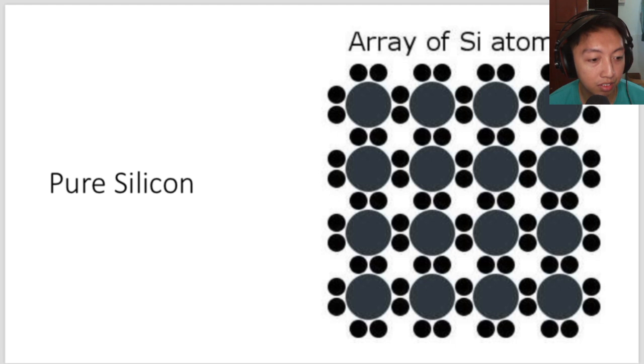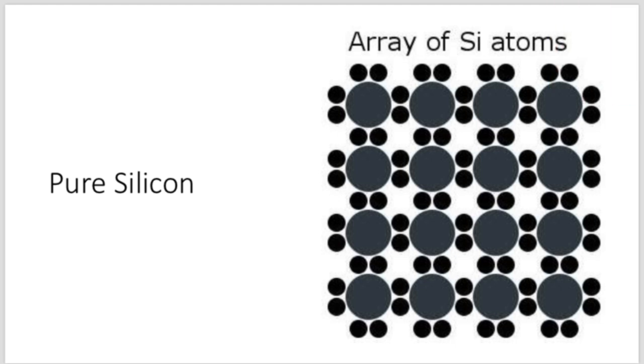Alright, so let me get my face out of the way. So imagine silicon. Now in chemistry, you already learned about the different types of bonds between atoms, right? So you learn about ionic bonding and you learn about covalent bonding. In ionic bonding, one atom releases the electron and the other atom receives an electron, and therefore both atoms become stable, right?